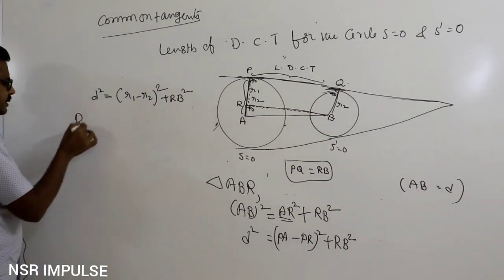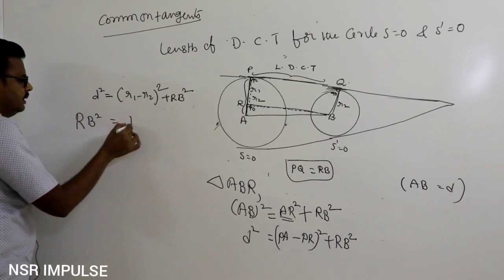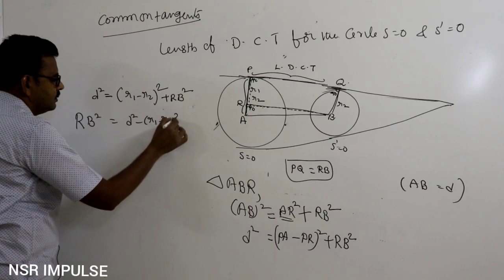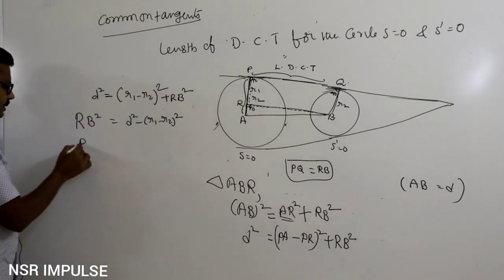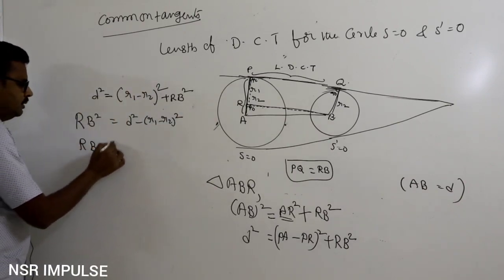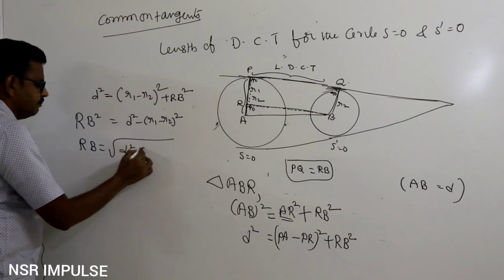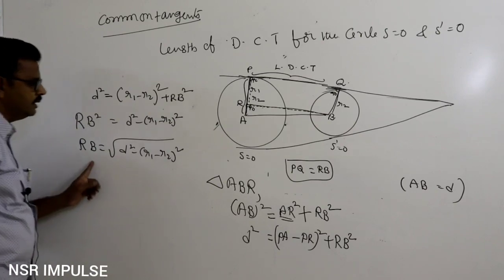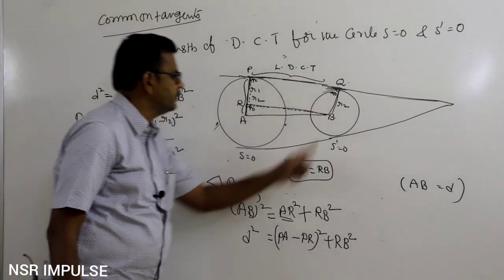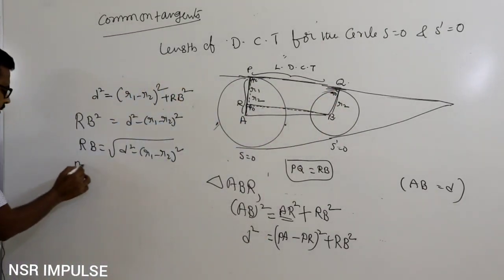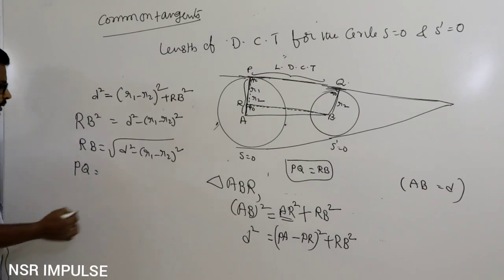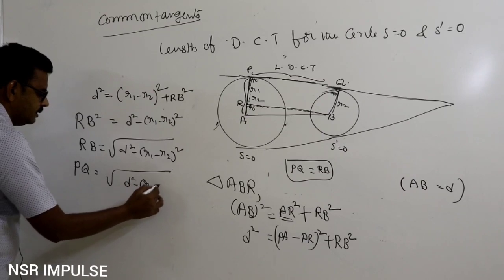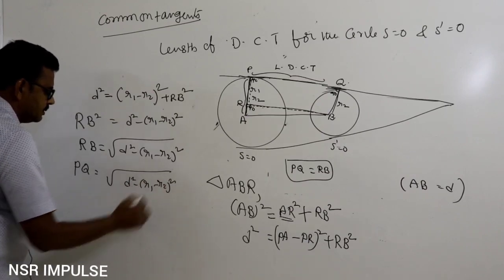Therefore RB square equals D square minus (R1 minus R2) whole square, so RB equals root of D square minus (R1 minus R2) whole square, where RB is PQ.